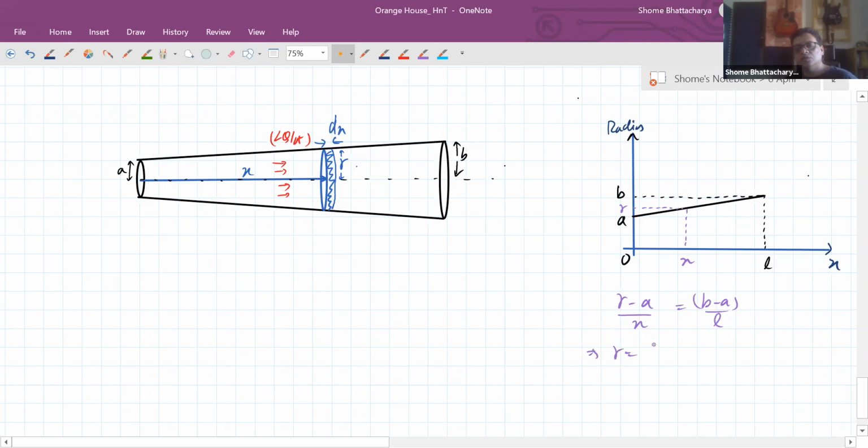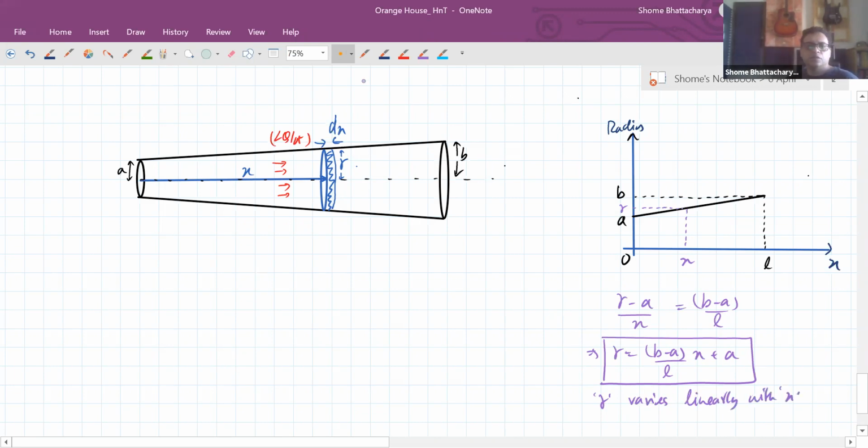So r is equal to this. You can see that r varies linearly with x. Okay.